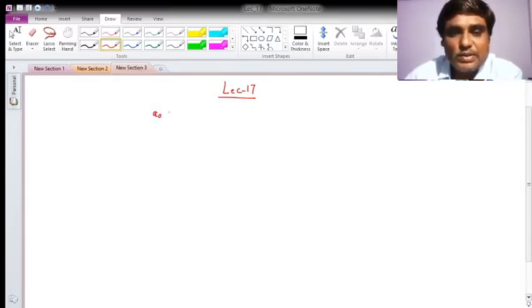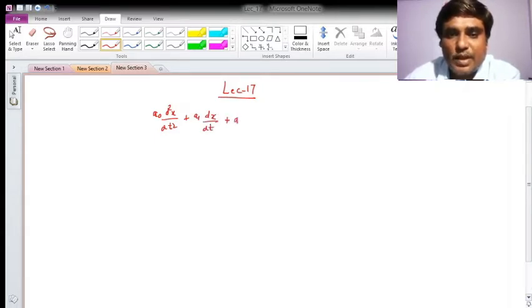a0 d2x by dt square plus a1 dx by dt plus a2 x of t, which is equal to, suppose it is a homogeneous equation, so let me put it 0.